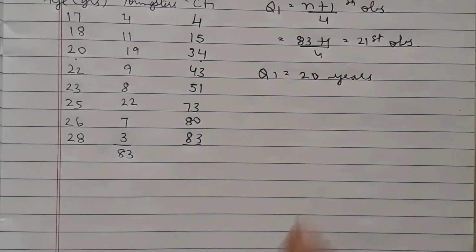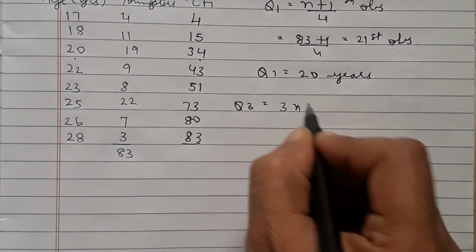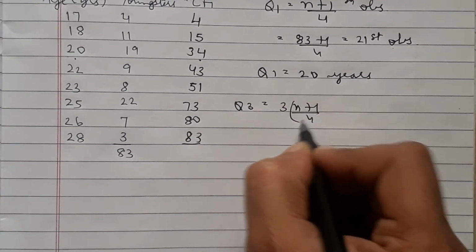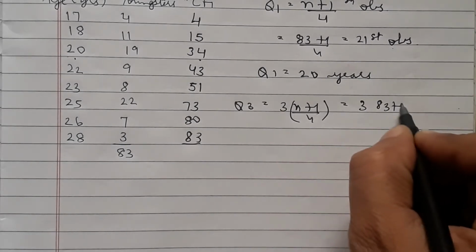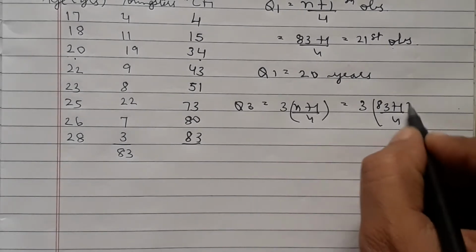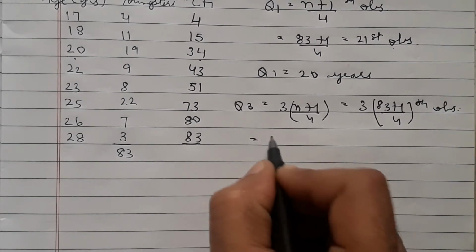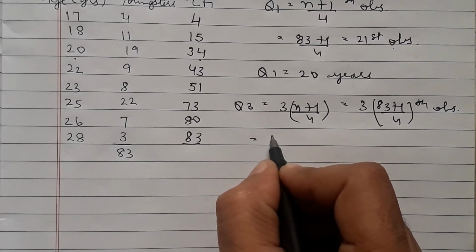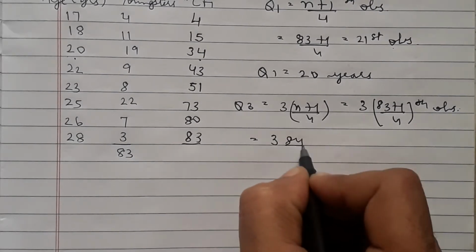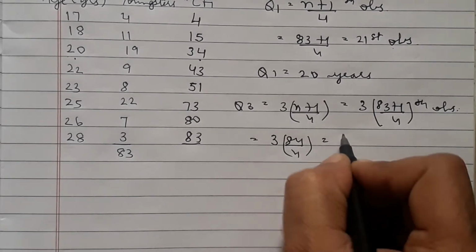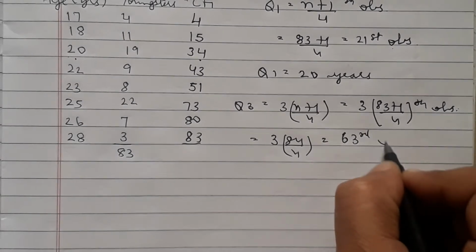Now to find the value for Q3, 3(n + 1) / 4. The n + 1 we have already calculated in Q1, so this is equal to the 63rd observation.